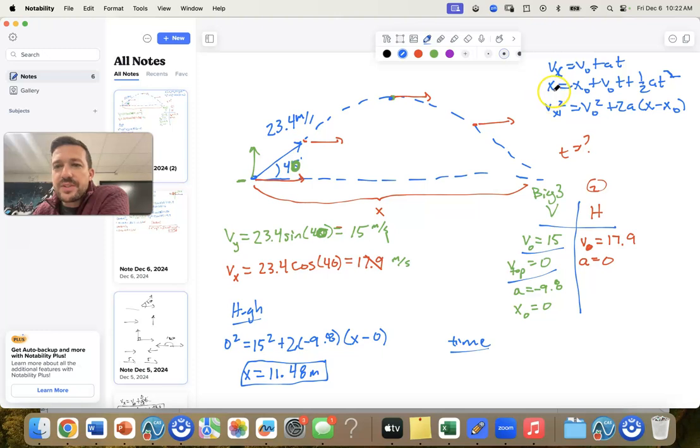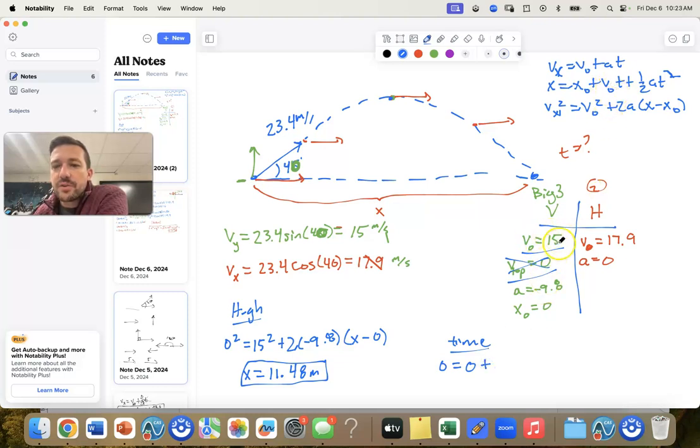So the final position, it ends up at the floor, right? So I'm not going to use this top velocity on this one. It ends up at the floor. So I'm going to do 0 equals the initial position, which was at the floor, 0, plus the initial velocity.